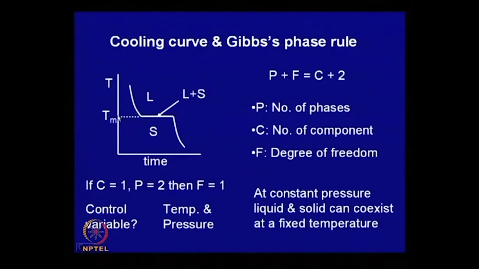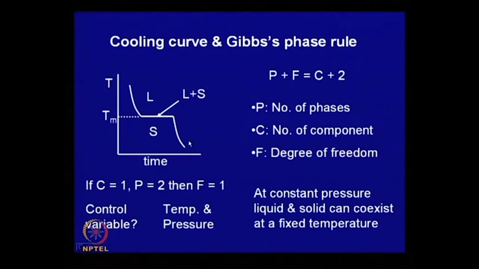And when it reaches freezing point, that is the time when some amount of solid forms, then the two phases, liquid and solid, will coexist for certain length of time, and during the solidification process it will release heat also, and you will find that here for some time the cooling just stops. It maintains a constant temperature until the solidification process is complete, and once this is completed, then again the temperature keeps dropping.